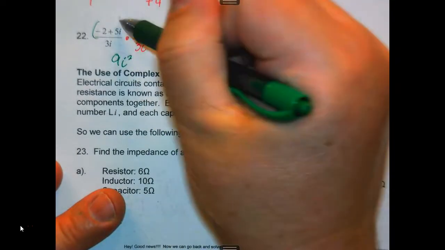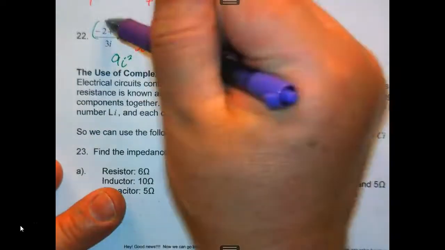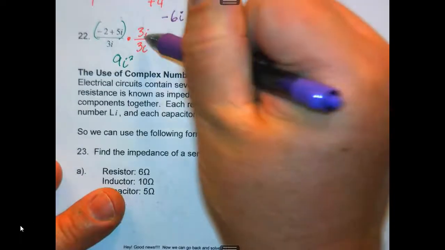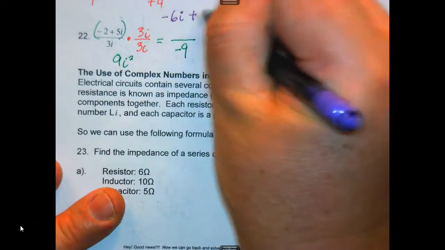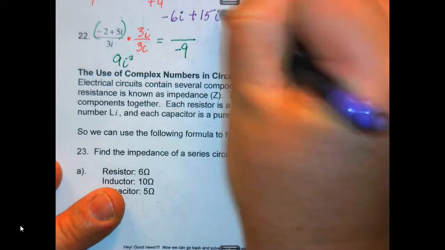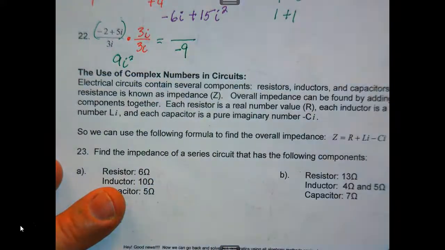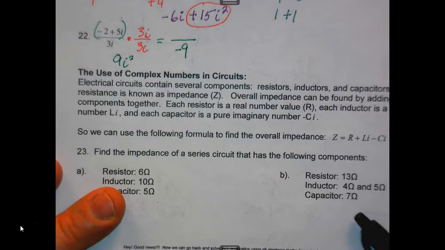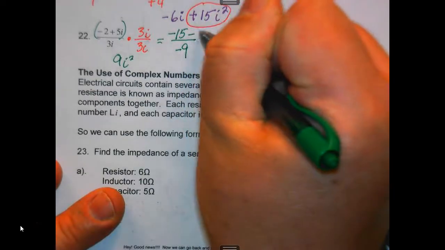Now here we're just going to distribute, right? 3i times negative 2 is negative 6i. 3i times positive 5i is positive 15i squared. Don't forget we're taking the opposite. So this is going to be negative 15 minus 6i.